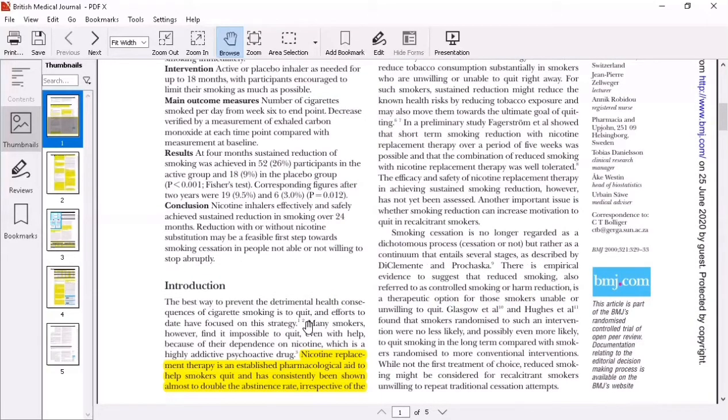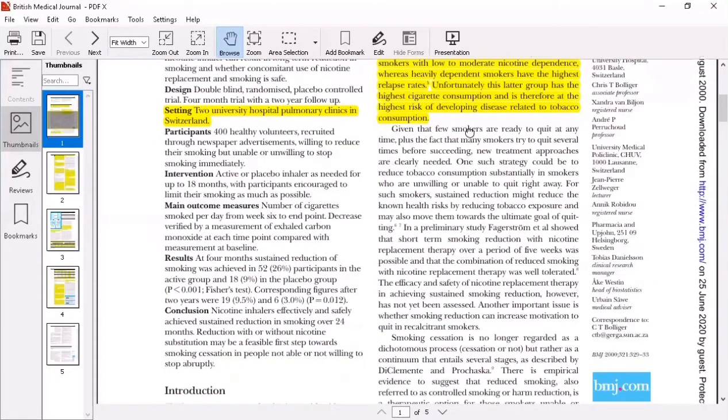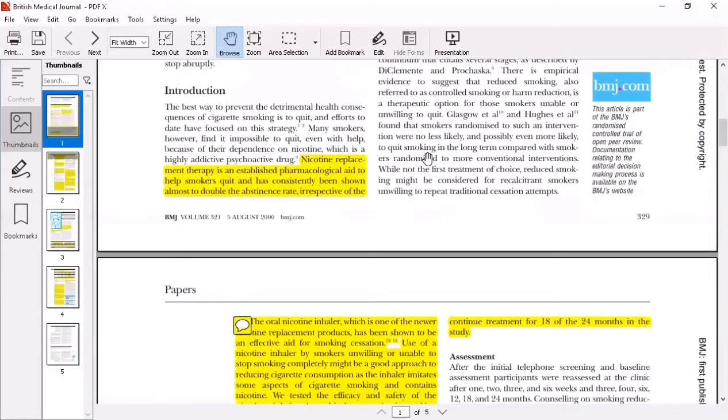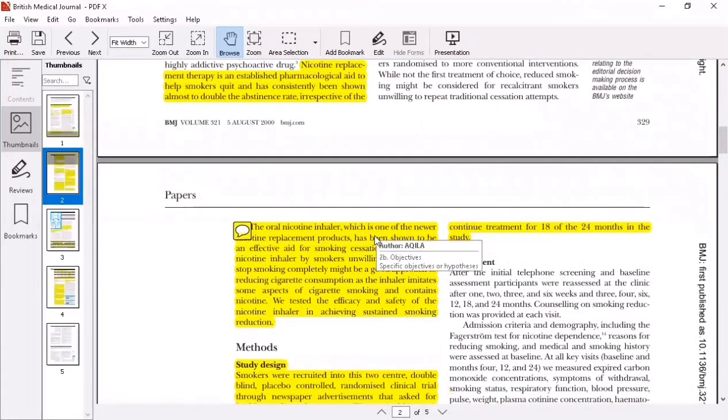Checklist number 2A is background, that is about scientific background and explanation of rationale. And then checklist number 2B is about specific objective or hypothesis.